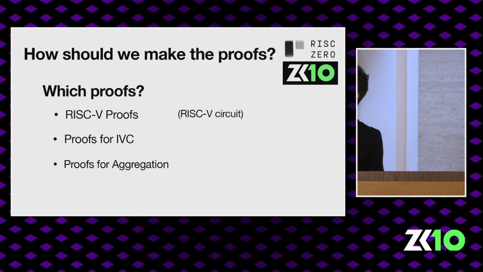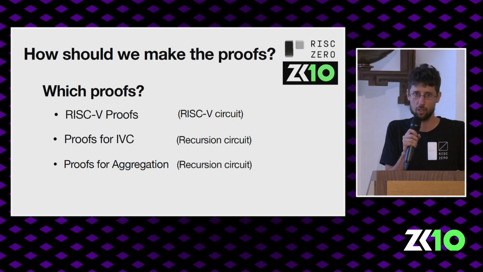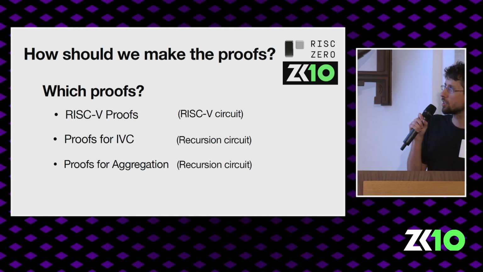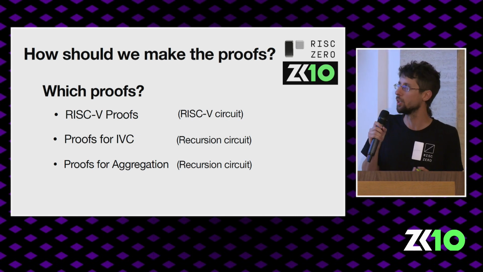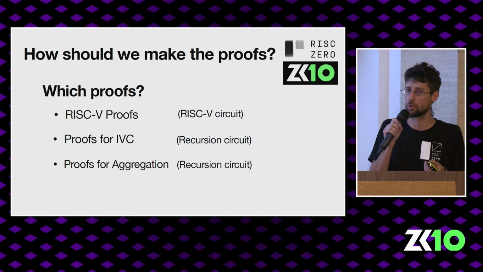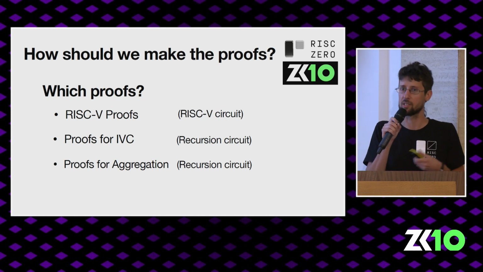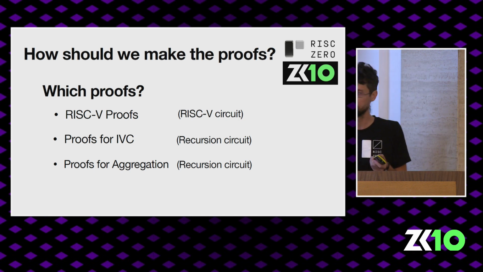In our system, we're using a RISC-V circuit for this first part, and we're using a recursion circuit for the second part. But we might decide at some point to switch one of those to something other than a recursion circuit. So for example, it might be plausible to use a folding-based approach for the second item on this list, but still decide to use a FRI-based approach for the third item on this list.